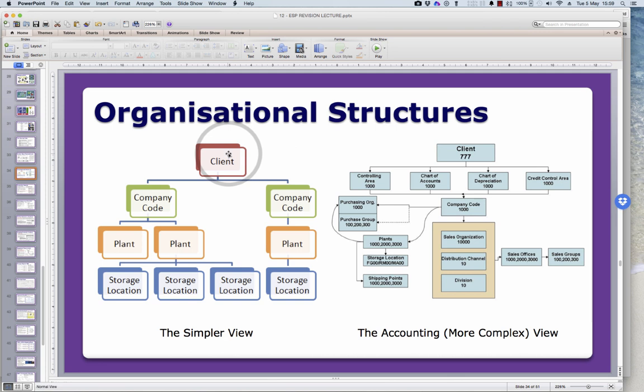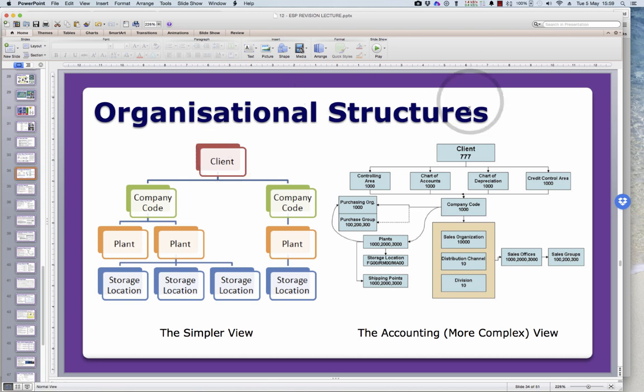So a company code might be the US plants, the US area. In the case of GBI, we also had the Heidelberg area, the German side. So you have D and US as the company codes, and then under that you have various plants like Dallas and the Heidelberg plant in Germany, and then under that you have storage locations where you keep and ship things and move things about to. It's a bit more complex than that.